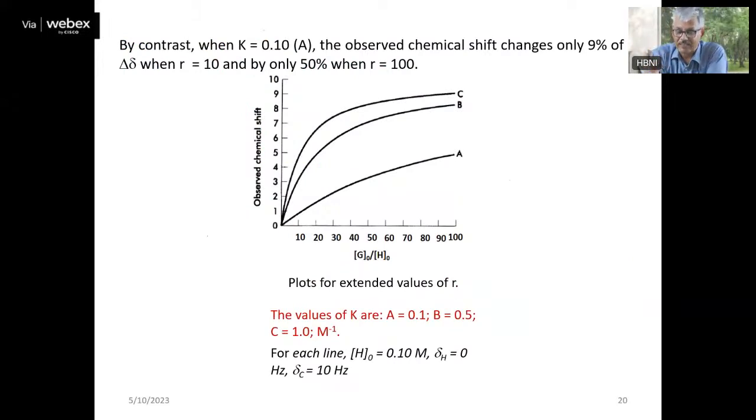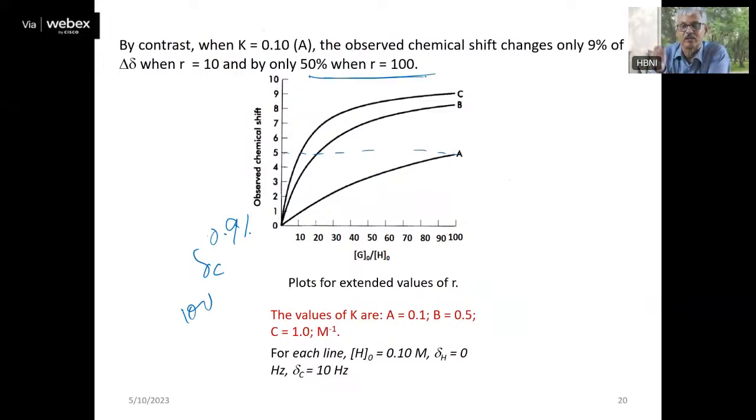Now, for such cases, you can keep on increasing. You will see that when R is equal to 10, it is about 0.9% of the delta C. When R is equal to 100, it is about 50%.